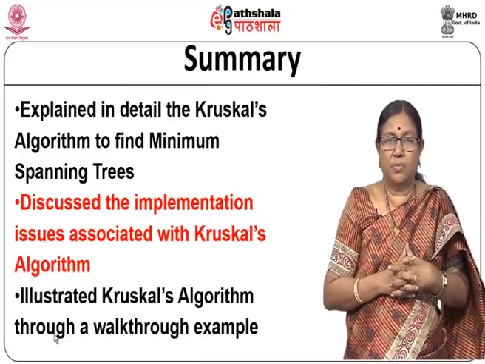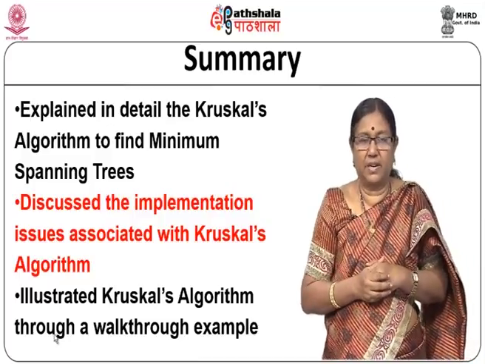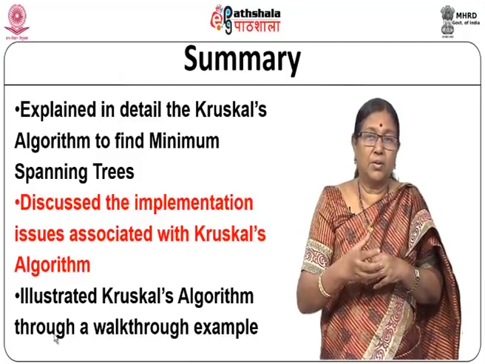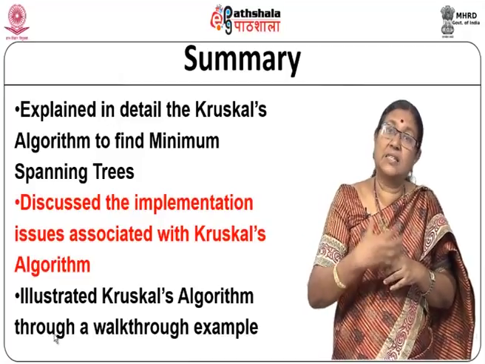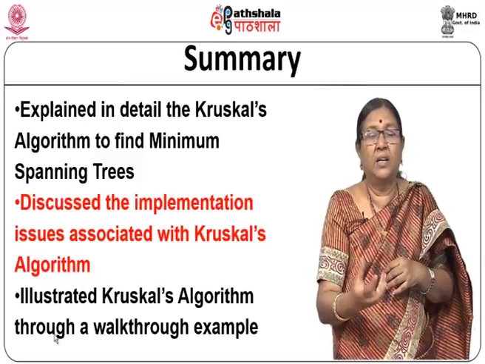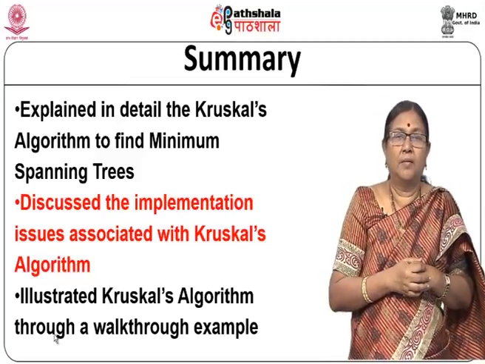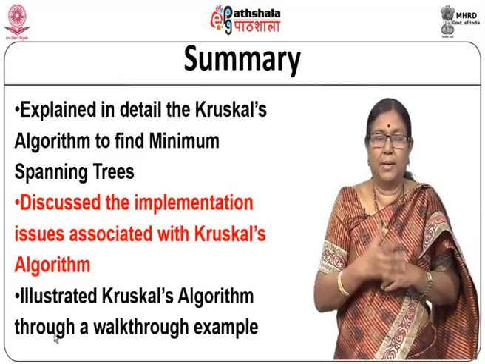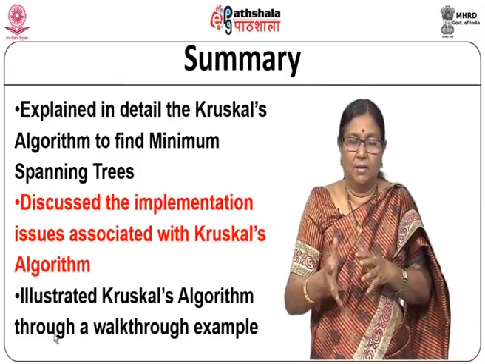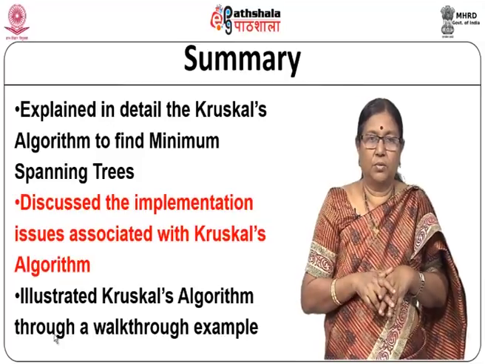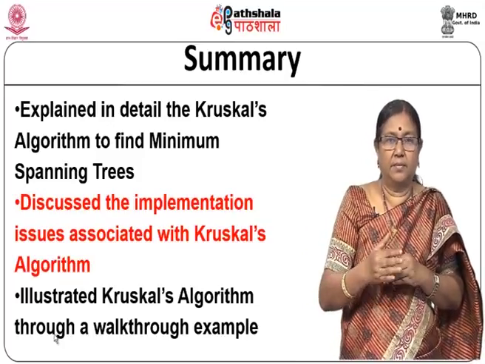Here, remember, Kruskal's needed a specialized data structure called union find to implement this effectively, while Prim's does not need that. Prim's does not use the disjoint set union find data structure. So, with that we will finish.